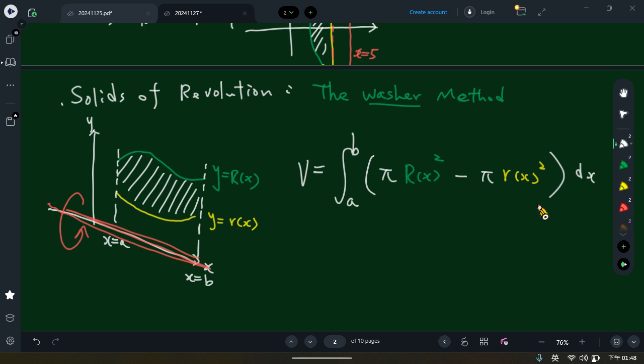So I just applied the disk method for the outer part, then subtracted another disk method for the inner part, and that gives you the true solid. So even though we say washer method, the washer method indeed just applies the disk method twice.